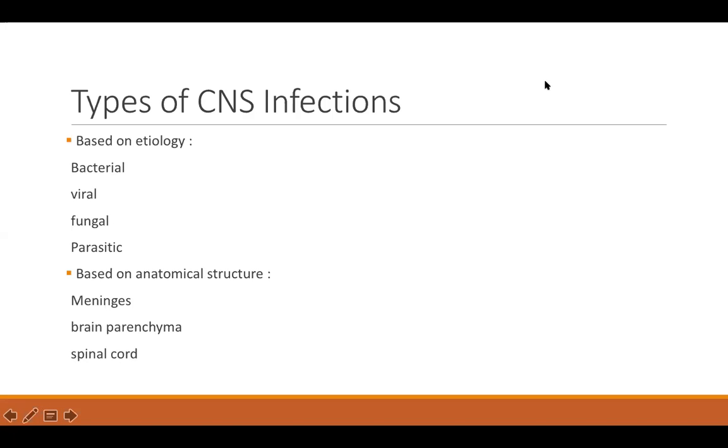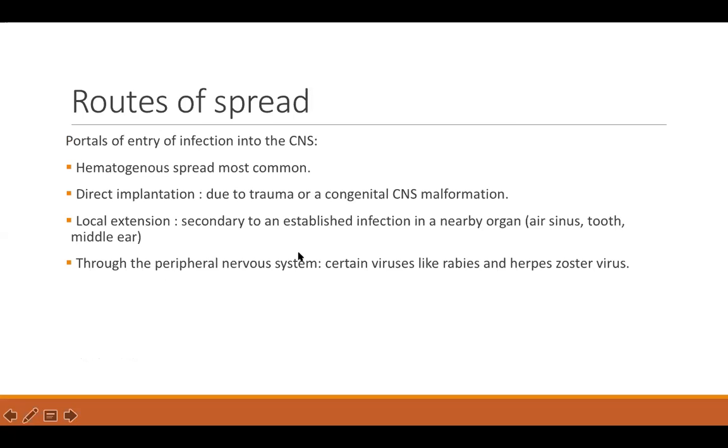طيب. Okay, كويس. شوفونا. طيب. الحين قلت إنه CNS is covered by 3 protective layers اللي هم المننجيز. طيب, such a protected organ, how can infection reach it? There are many ways or many routes that infection can spread to the CNS.